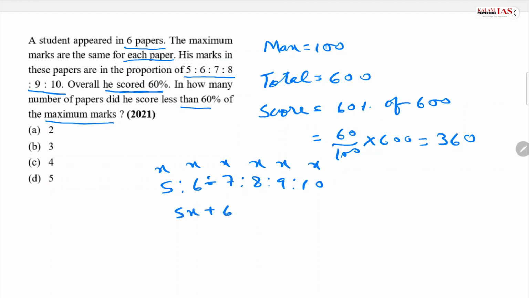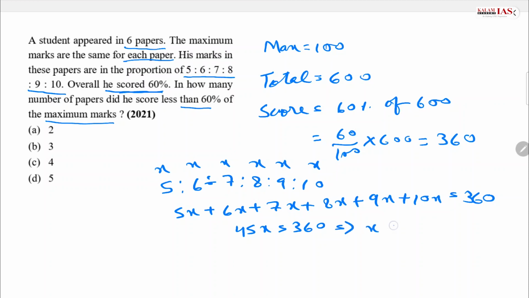So the summation is equal to 360. That is 45x equals 360. That means x equals 360 by 45, which is equal to 8.